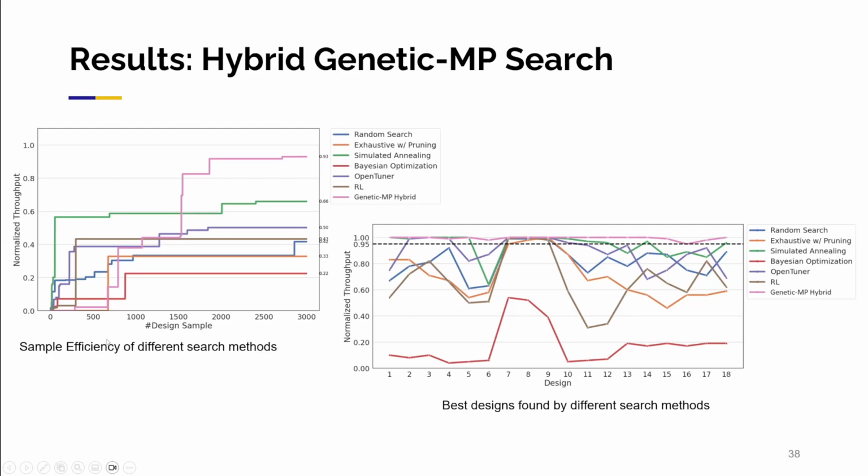We found that our genetic mathematical programming method achieves the highest sample efficiency, finding close to the optimal solutions in less than 3,000 design samples. And also the best designs found for each search method. We found also the genetic MP method achieves close to the optimal designs found by exhaustive search.